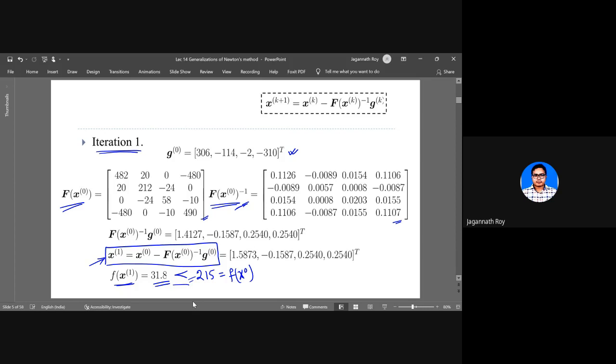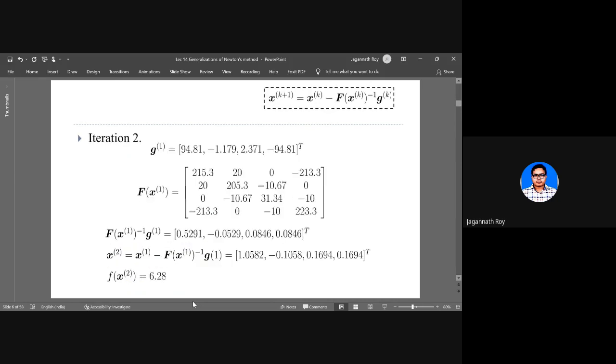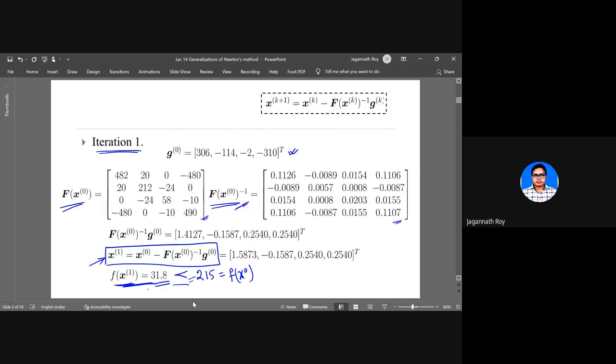That means as the index increases, the function value actually decreases. So we are going in the right direction. Okay. Right now we have x1 value of this form. Again, from this, we will find the next iteration x2.